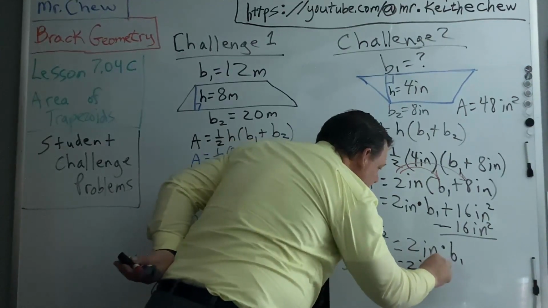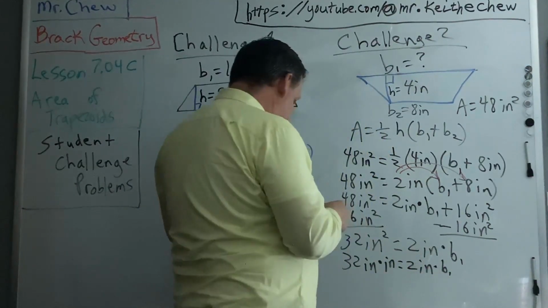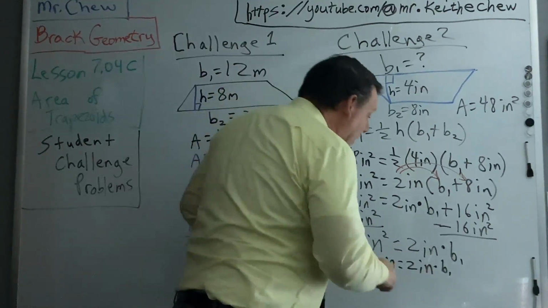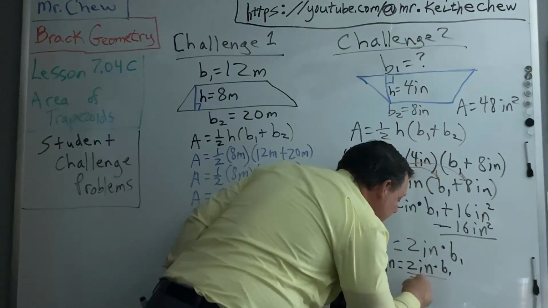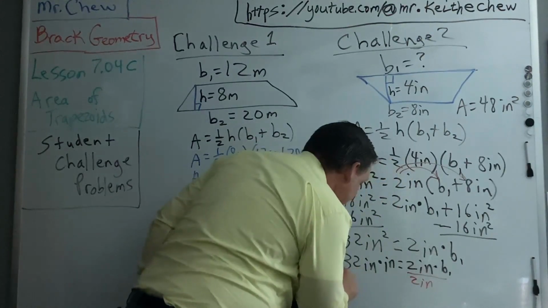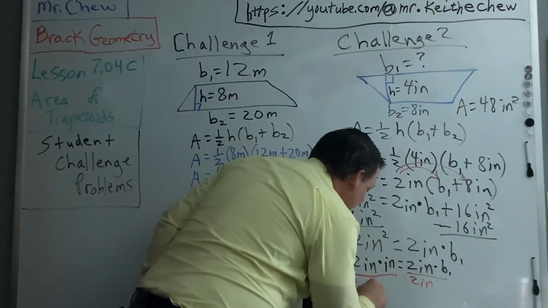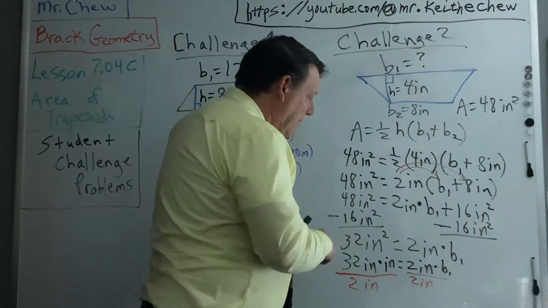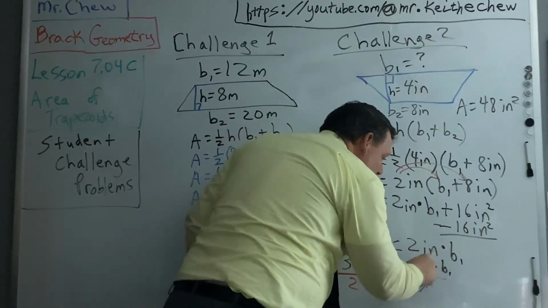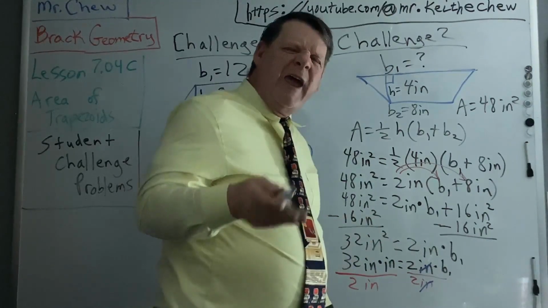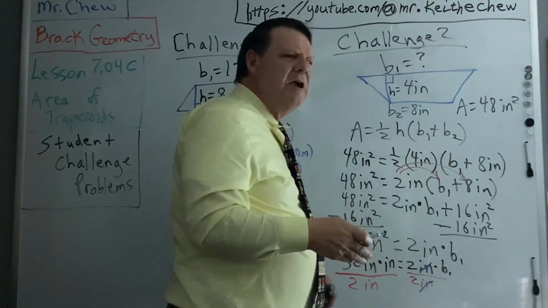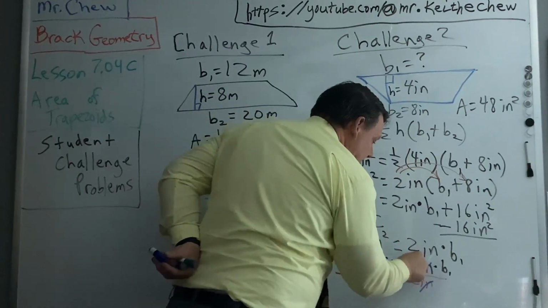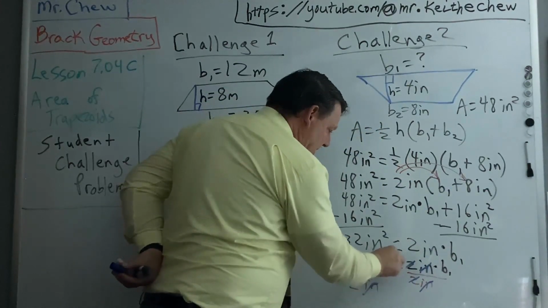The reason I do that is to make it very simple when I divide both sides by 2 inches. So I divide the left by 2 inches and the right by 2 inches. Inches over inches is 1. Some teachers would say it cancels out. It doesn't really cancel. It is just a common factor that ends up being 1 over 1, which is 1. Same thing here.